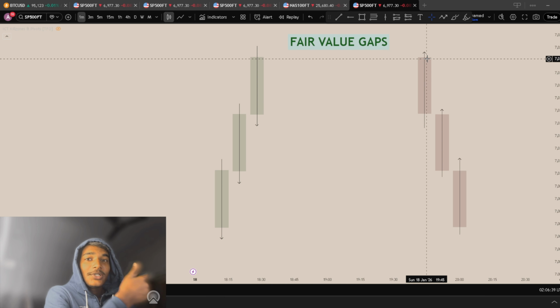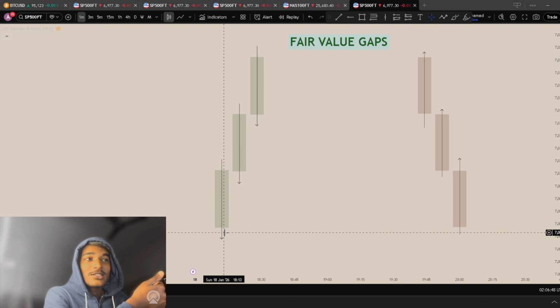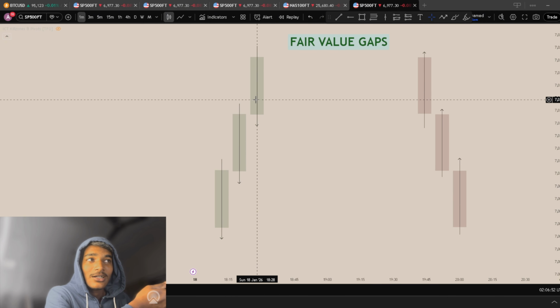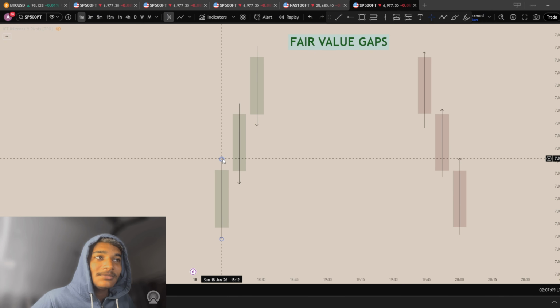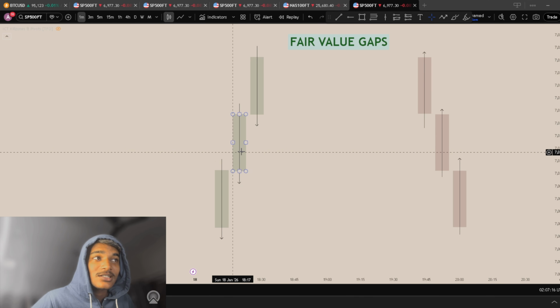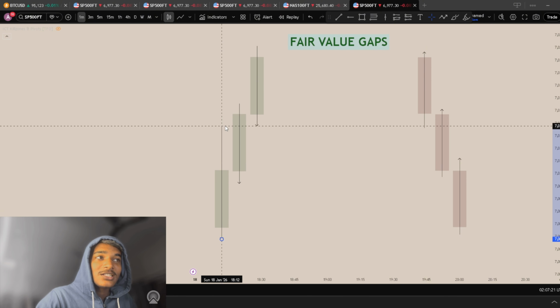So how do you actually identify it? You can see this is one candle, this is the second candle, and this is the third candle. The wicks of candle number 1 and candle number 3 have a gap in between. The wicks are not touching like this.